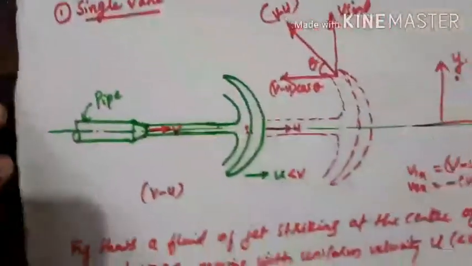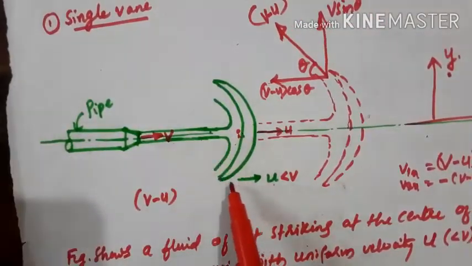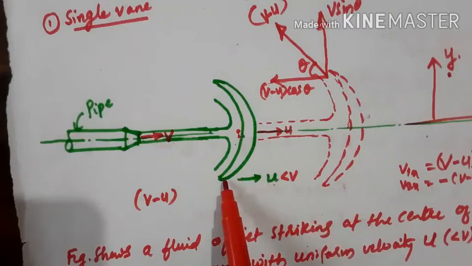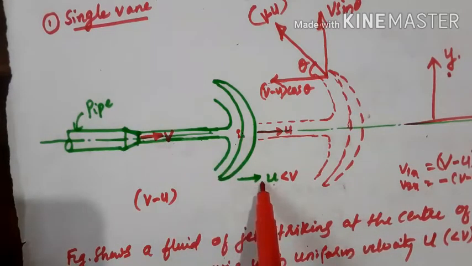The efficiency of the jet depends upon the velocity of the plate, how fast it moves.